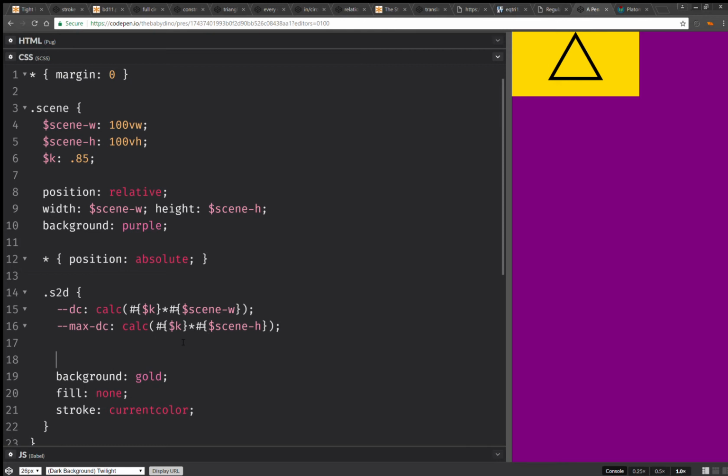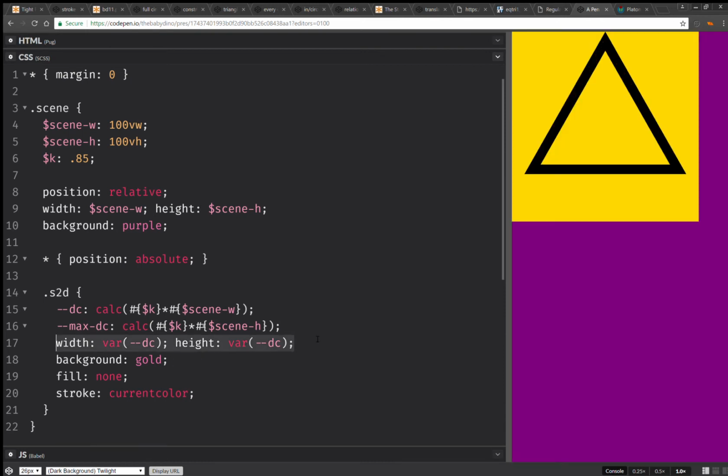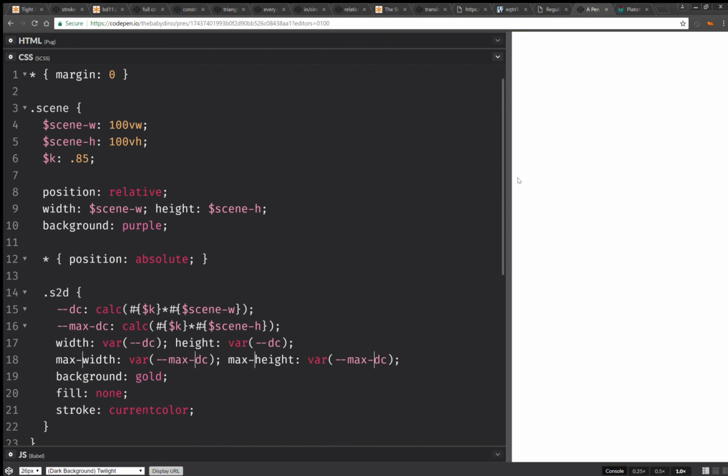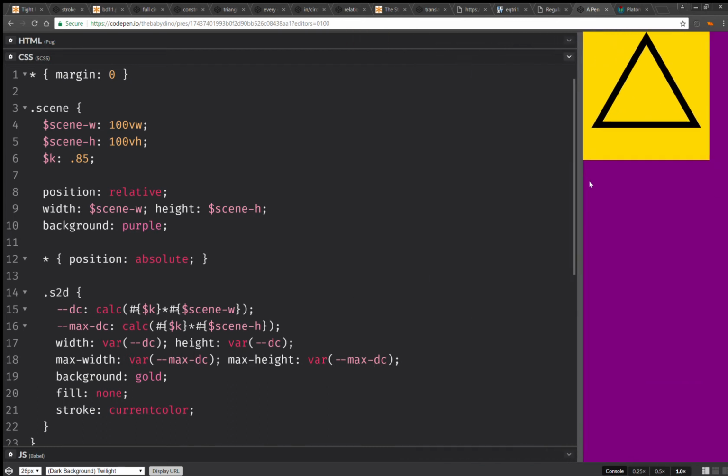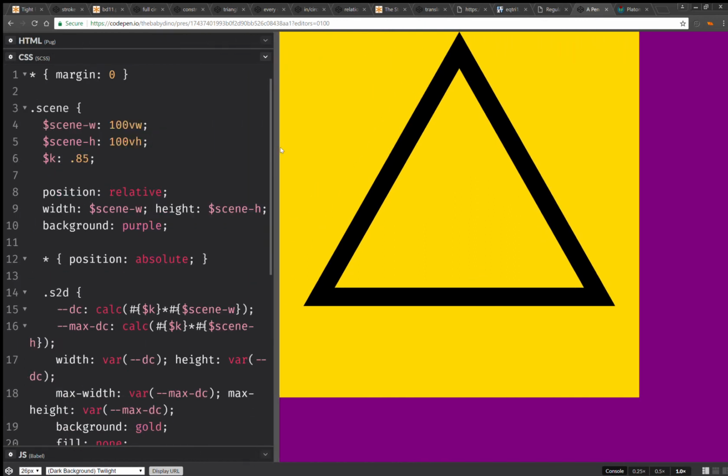Now when I set the dimensions here, I'm going to have something similar for the height. And now I'm going to take this and use the max values. So this is max everywhere. And as you can see, now this SVG square is 0.85 of the width, but if the height becomes smaller than the width, then it's 0.85 the height.